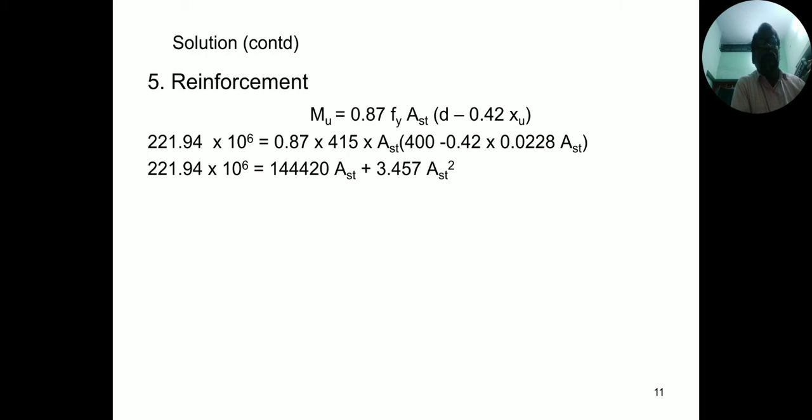This is made into a quadratic equation: AST square minus 41776 AST plus 64.2 into 10 to the power of 6 is equal to 0.